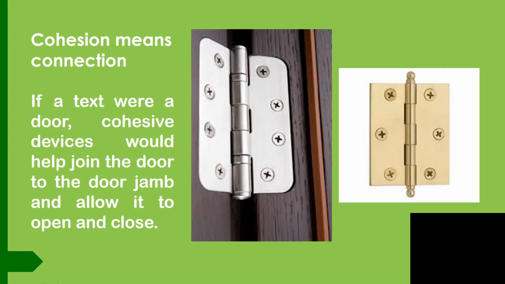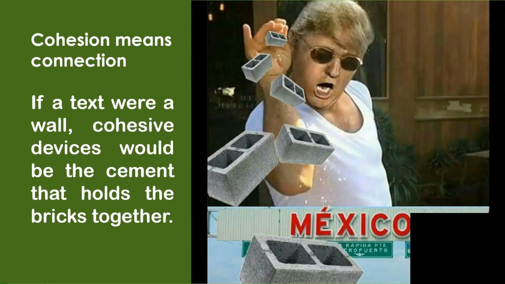Do you see it in the photos? That linchpin on the hinge that joins the door flap to the door jamb. Or if a text were a wall, then the cohesive devices would be the cement that joins the bricks together and ensures that they don't move, they don't fall. Anyway, enough with metaphors. Let's start with the first cohesive device.